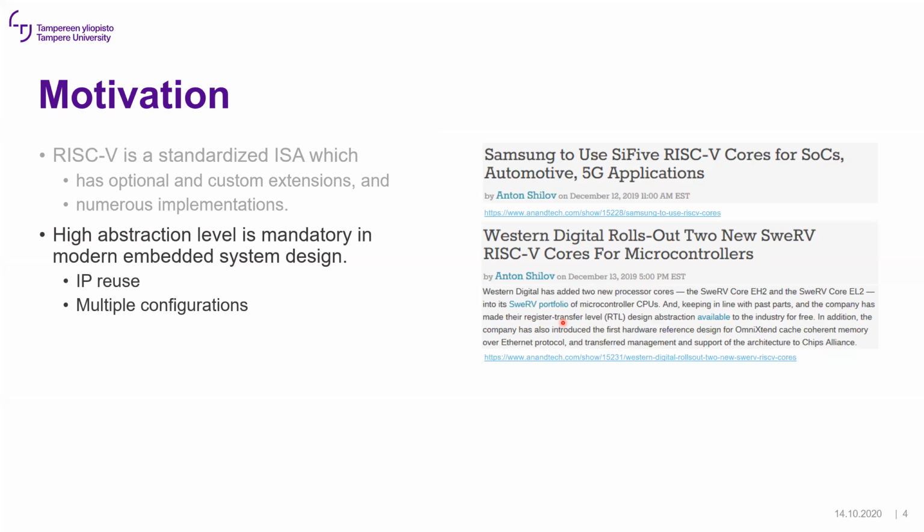There are multiple configurations. So for example, the same RISC-V core could be used for very low power applications on very low power platforms, but also on the high performance side and anything in between. So we need a lot of different configuration options. And finally, automation is mandatory.